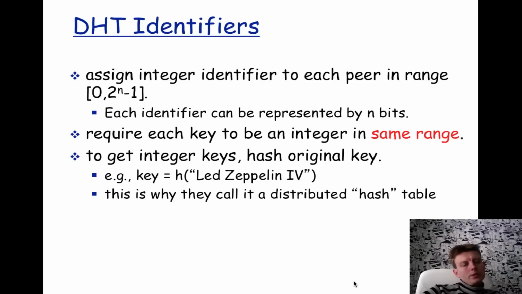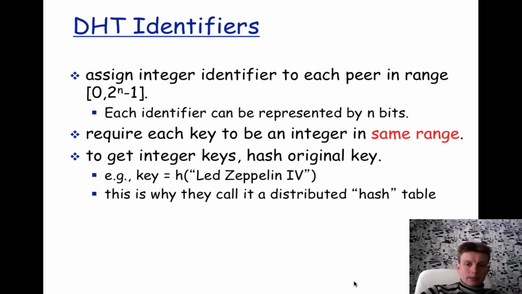The way distributed hash tables implement indexing by maintaining key-value pairs is rather straightforward. Assume we have n bits to represent our identifier. It means that our identifier range is between 0 and 2 to the power of n minus 1.